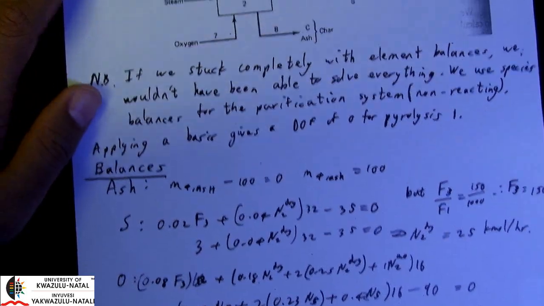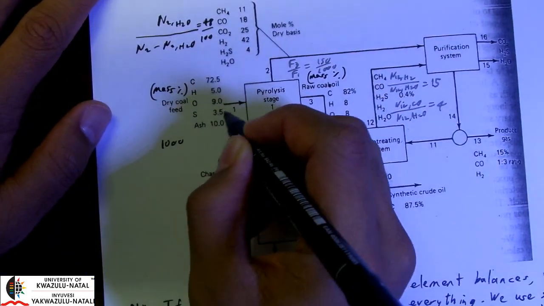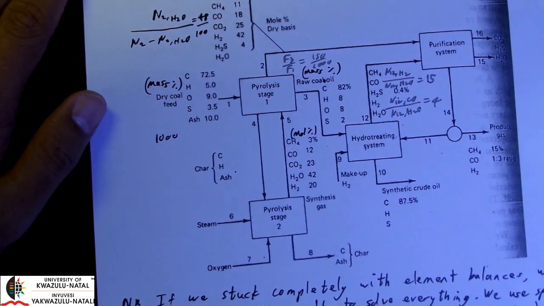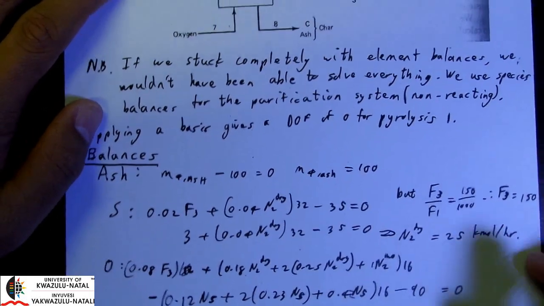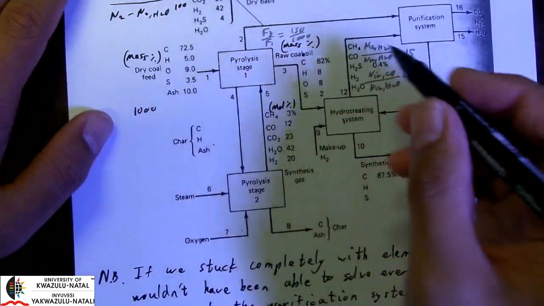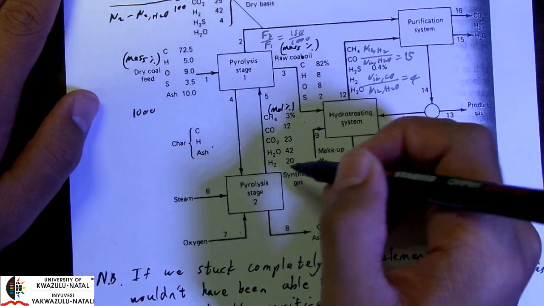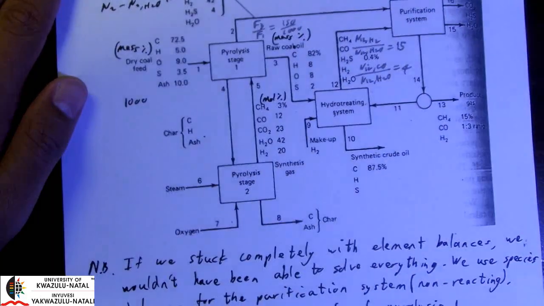Now let's look at our sulfur balance. So we have sulfur coming in here, about 350 kgs per hour. And we also, okay, we don't have any sulfur coming in here, so this is the only input.